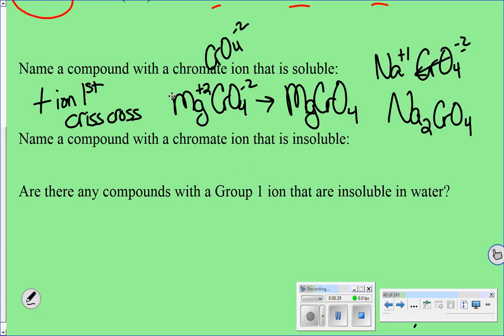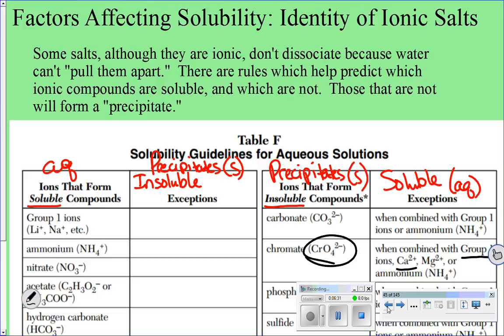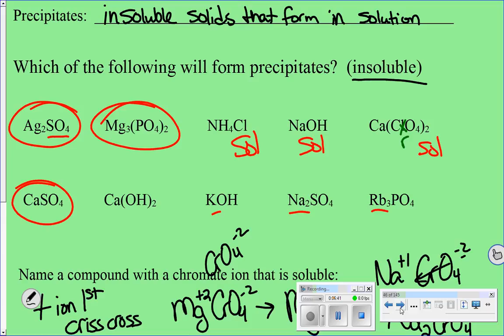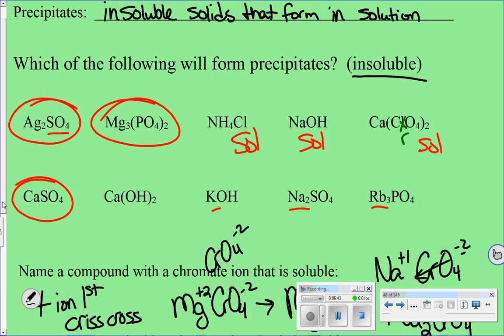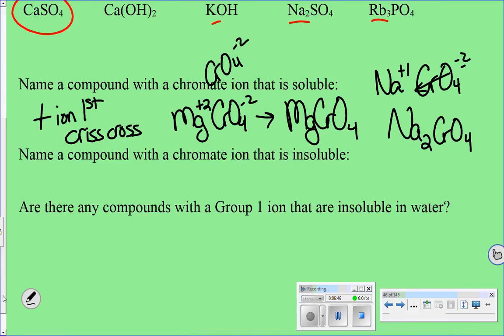Now we want something that is insoluble with that same chromate ion. We need to pick something not listed over here, so we have to avoid group 1, calcium, magnesium, and ammonium. If you pick something with a +2 charge, that makes your life easiest. I would go to group 2. Oh look, there's strontium. Not an exception.